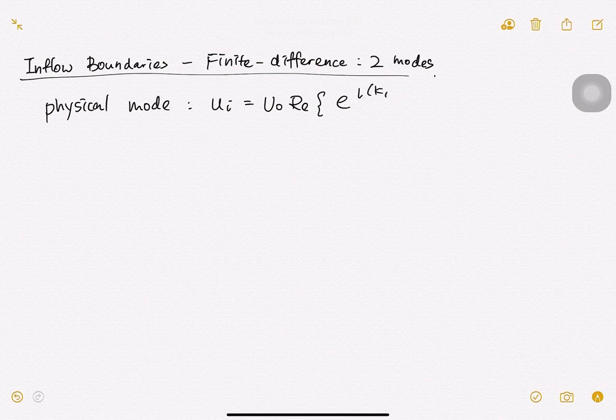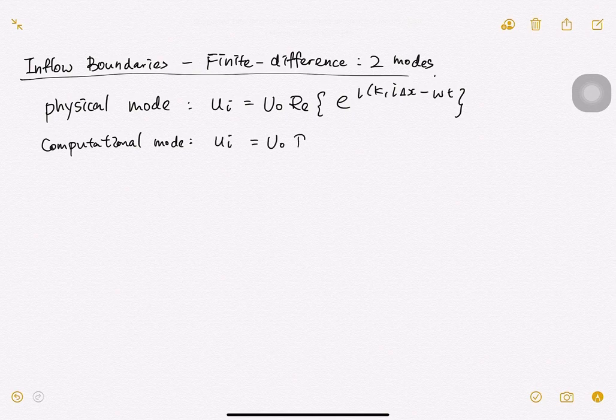Delta K1 is the physical mode, e to the power of iota (K1 i delta x minus omega t), and then the computational mode is u_i equals e to the power of iota (K2 i delta x minus omega t).